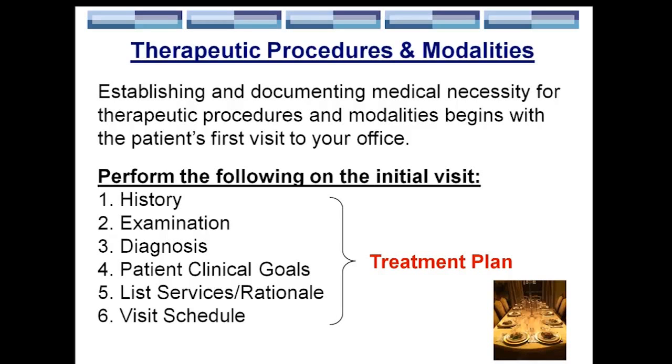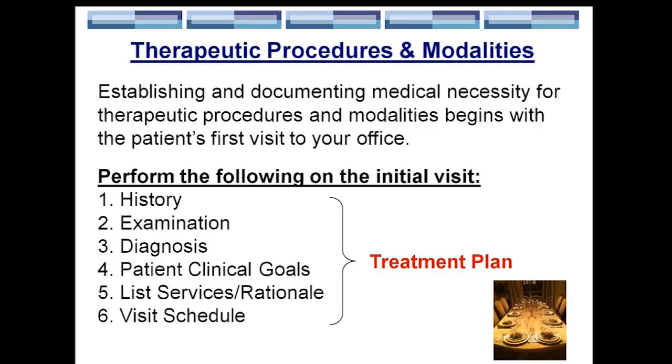Acupuncture, strapping, taping, kinesiotaping, active release technique, hydro massage therapy beds, laser therapy, functional evaluations. If you have MDs in your practice or DOs, you may want to do trigger point therapy, lab work. How about weight loss and nutritional consultations? So these are all part of the services you're going to be rendering.